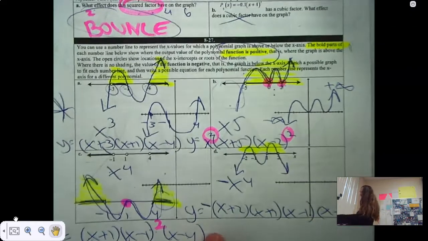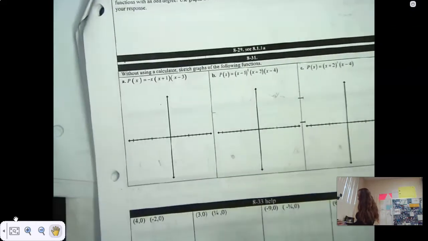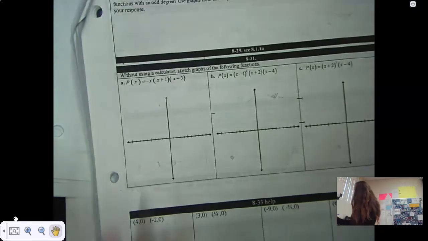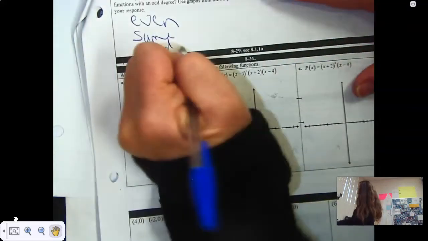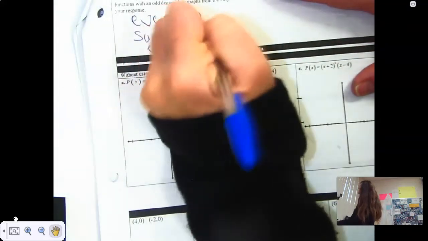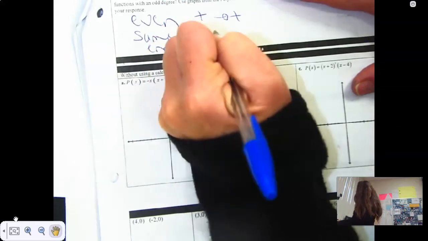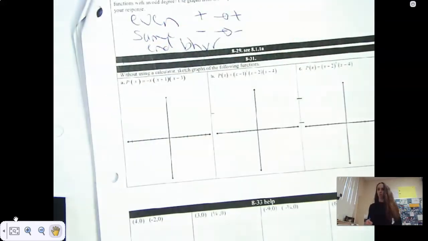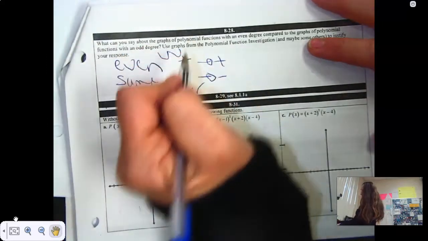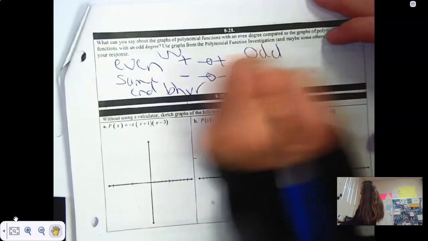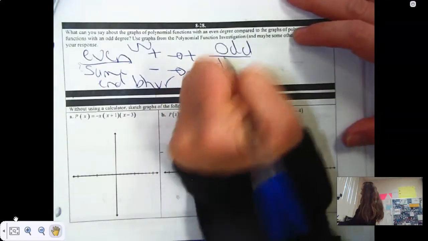Okay? All right. What would you say with an even degree compared to odd? So even, we said this before, it's the same end behavior. Okay, end behavior. If it's positive, it's positive. If it's negative, it's negative. That's when we have like this or like this. Okay. If it's odd, you have different end behavior.